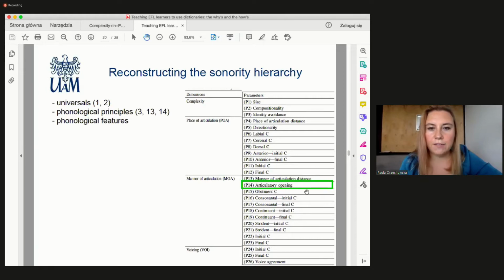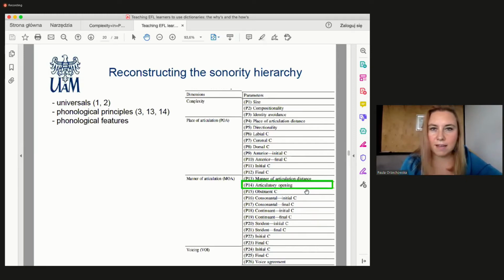As you can see, we have complexity, place of articulation, manner of articulation, and voicing. Complexity, these are mainly universal, so size and compositionality, but also identity avoidance, which corresponds to OCP. So basically, we don't want the same identical segments neighboring on each other.